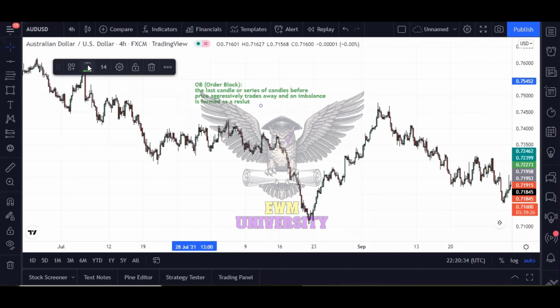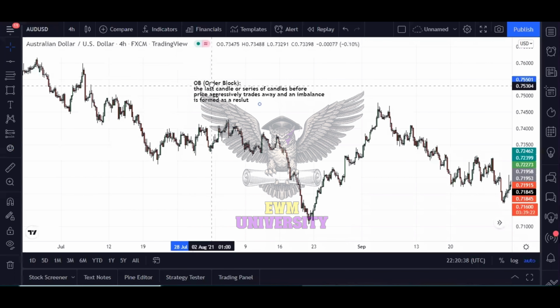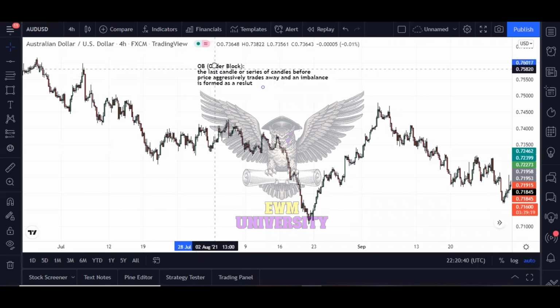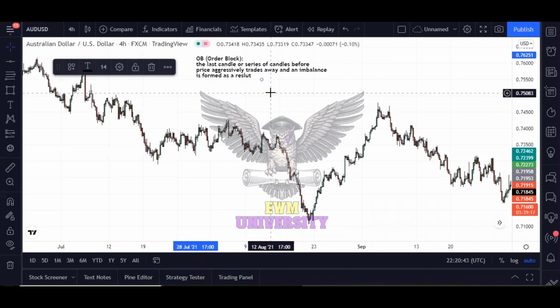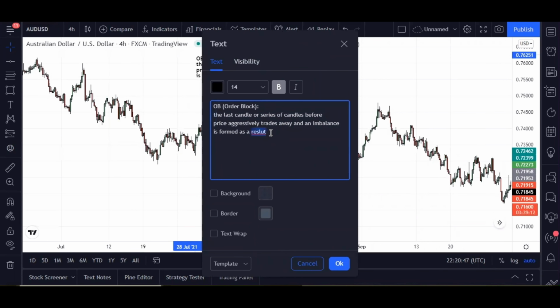All right. So an order block is the last candle or series of candles before a price aggressively trades away and an imbalance is formed as a result.